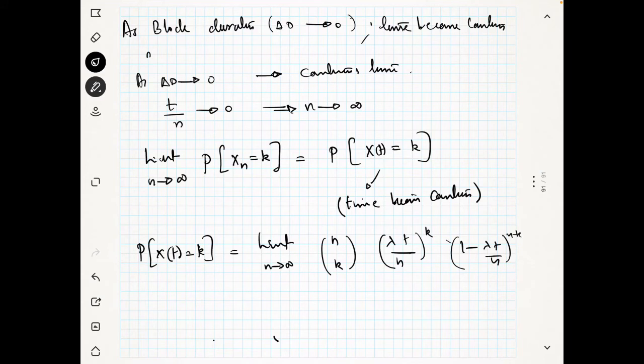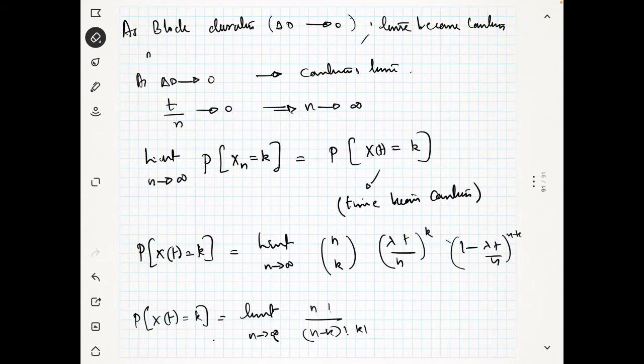The probability that X of t takes the value k is limit n tends to infinity of n choose k, which is n factorial divided by n minus k factorial into k factorial, into lambda t divided by n whole raised to k into 1 minus lambda t by n whole raised to n minus k.